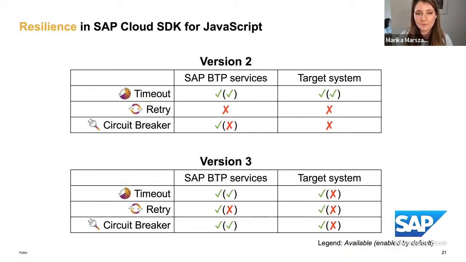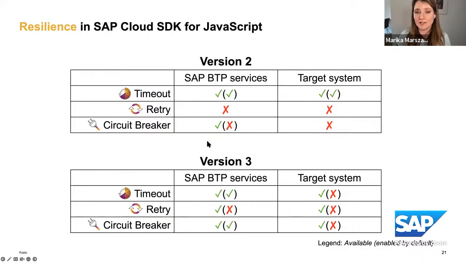You saw how to enable it for target systems yourselves, and this is the new concept to do that. Then retries were not available in the old version. It's now available for both SAP BTP services and target systems, but it is not enabled by default. For target systems, we saw how to do that. For BTP services, we did not see this, and I will also not show this today, so refer to the documentation if you're interested. And the last thing is the circuit breaker. In the past, you were able to enable circuit breakers for BTP services.